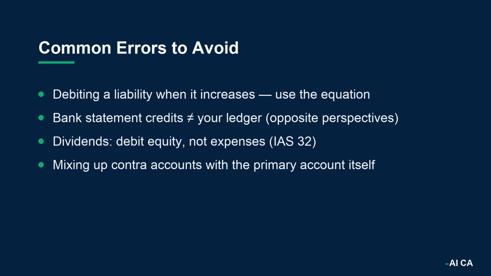Your bank shows your deposit as a credit because from the bank's perspective, you are a liability to them. Your own ledger shows the bank account as a debit normal asset, the opposite. Third, forgetting that dividends declared debit equity directly, not the income statement. They are a distribution, not an expense under IAS 32.